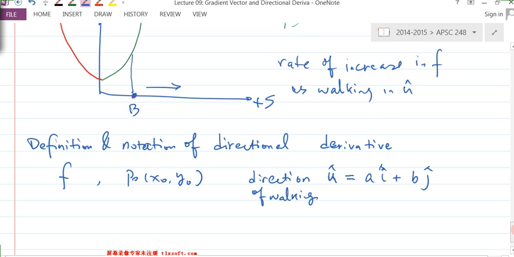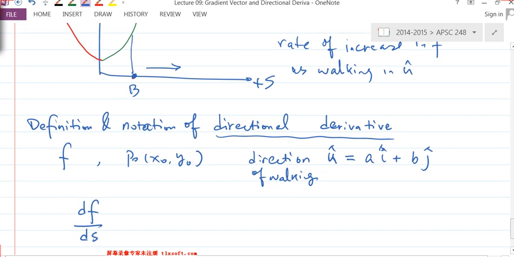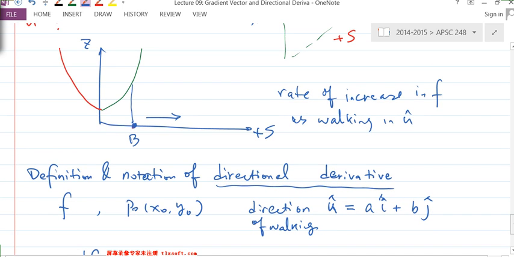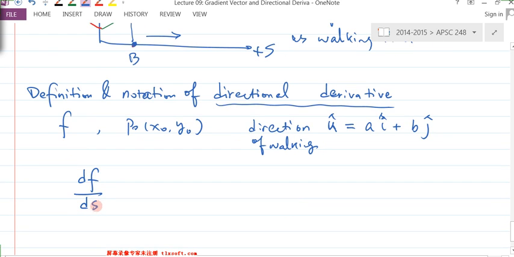Then the directional derivative is df over ds. So you see, it's all coming together now. In the xy plane, what's the slope? df over dx. Right now you're walking in this positive s direction, or the u direction. There's a positive displacement s, and that's ds.